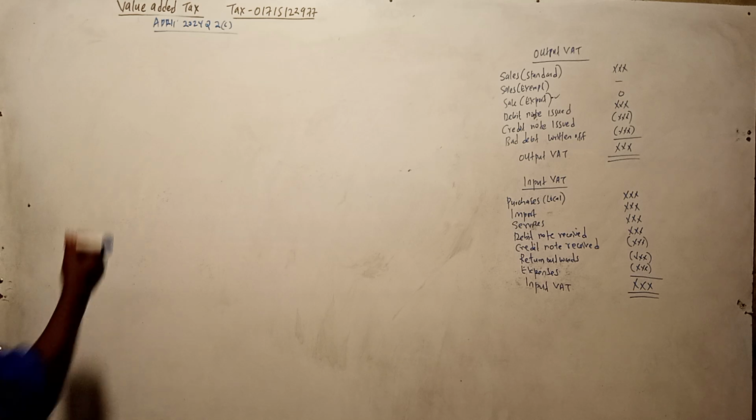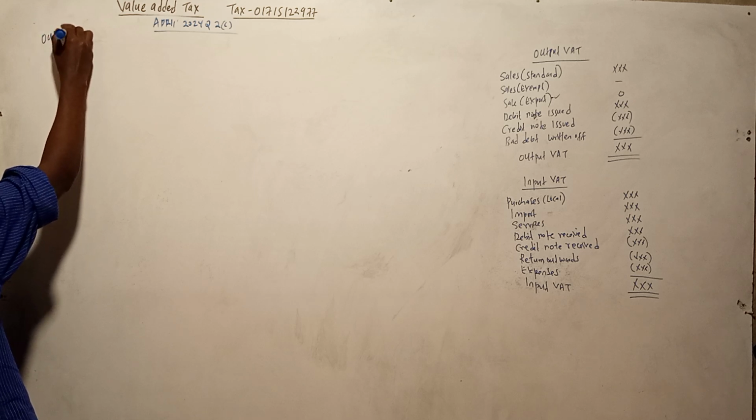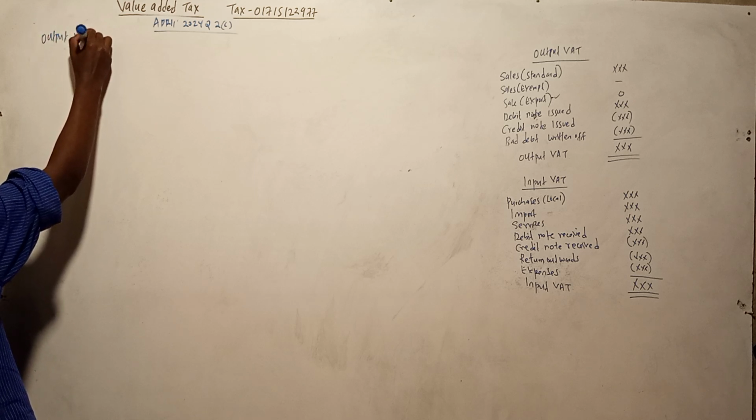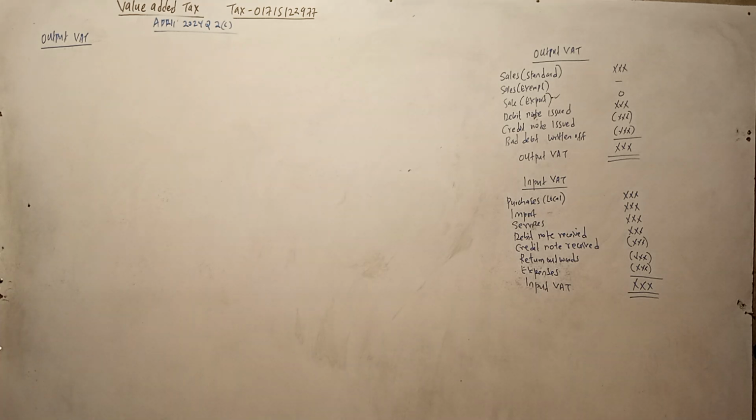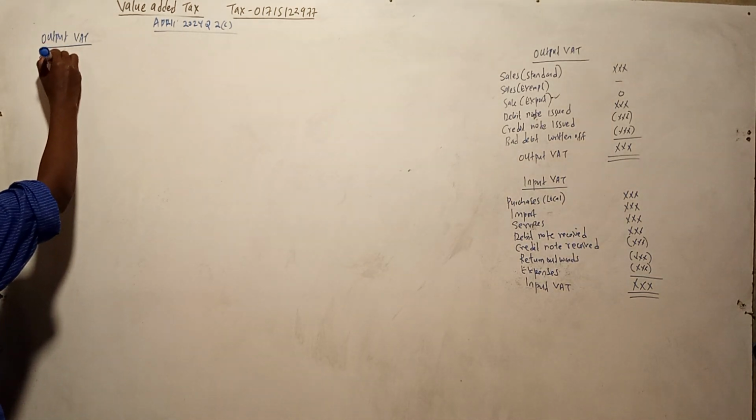So we start with the output VAT. So up there, they start by saying sales at standard rate. We start with sales which is the standard rate.